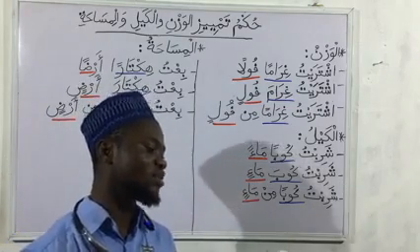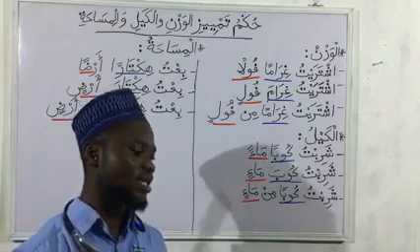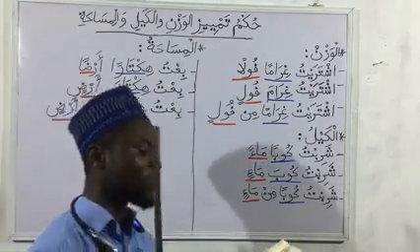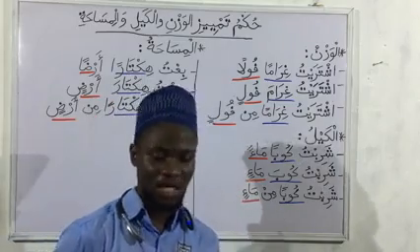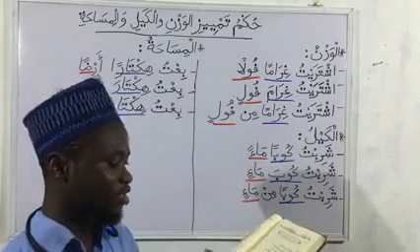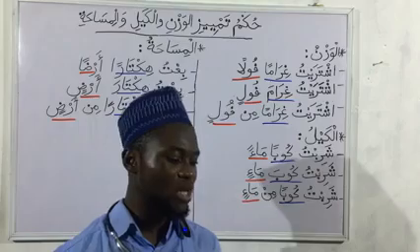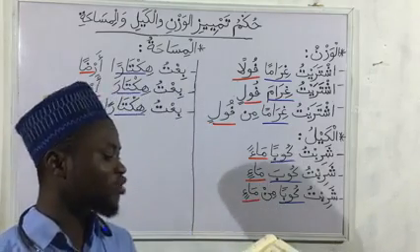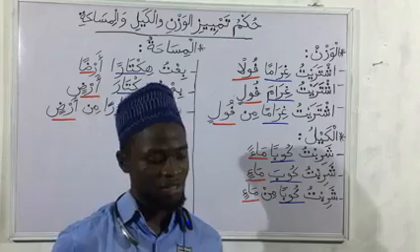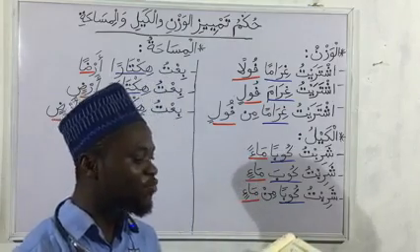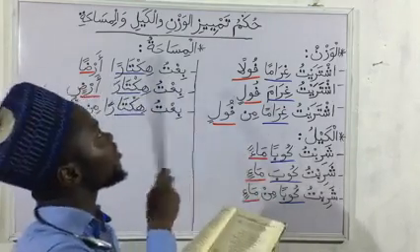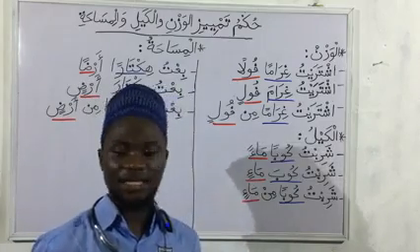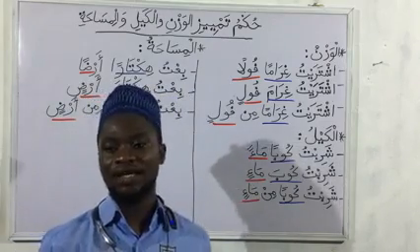So it says حكم التمييز تمييز الوزن والكيل والمساحة, like we have here on the board. The ruling of tamiz of wazn, kail, and misaha. So the qaida says يجوز في تمييز الوزن والكيل والمساحة أن ينصب وأن يجر بالإضافة أو بمن. So it says it is permissible for the tamiz of these three things that we have mentioned: wazn, weight; kail, quantity; misaha, area.